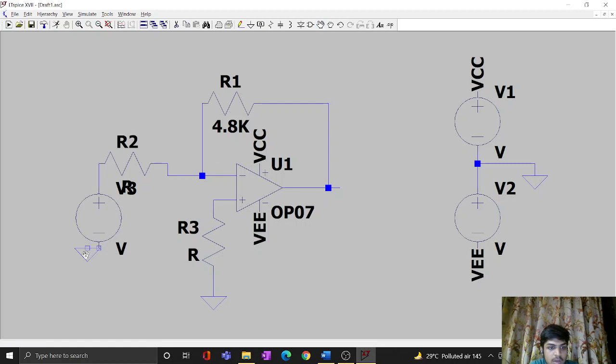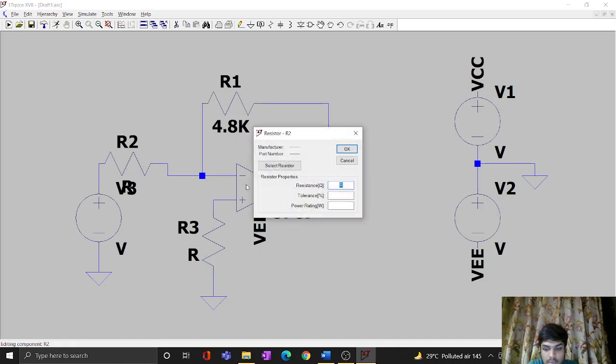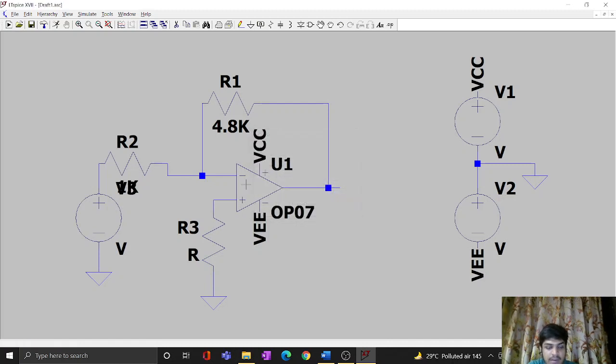We can move the ground using this. I'll give the input resistance as 1k so that the gain remains 4.8.